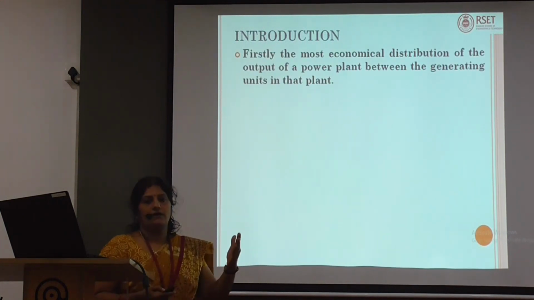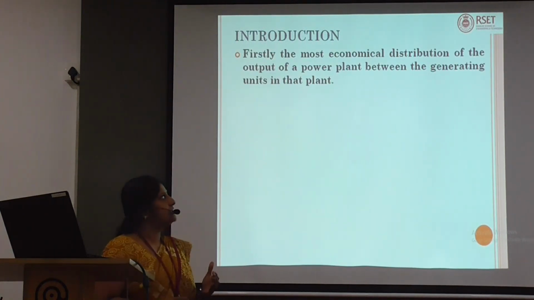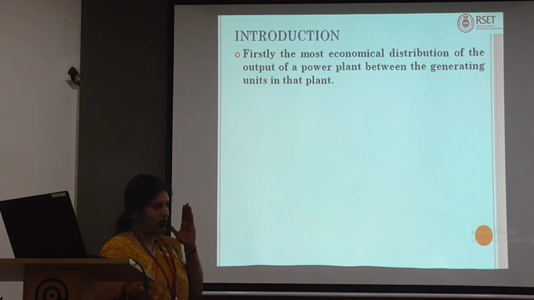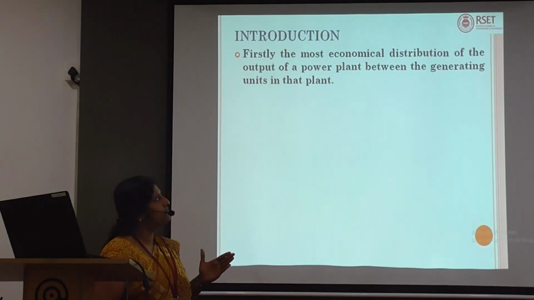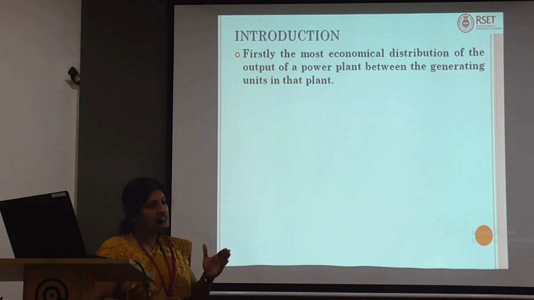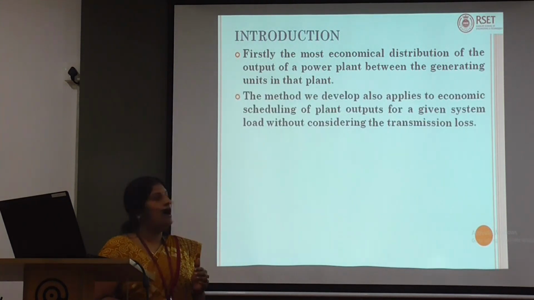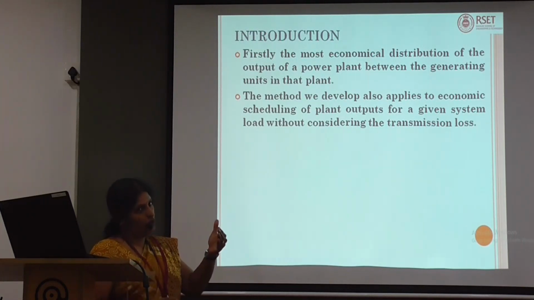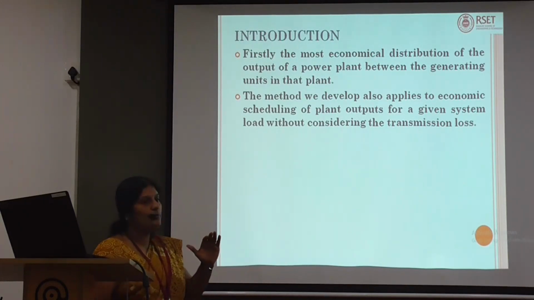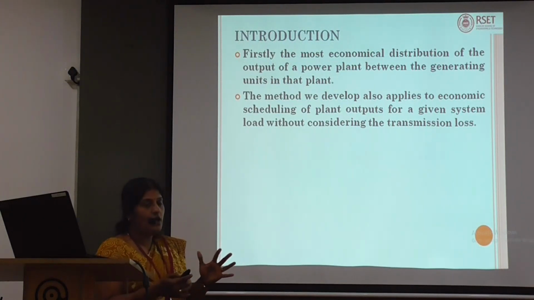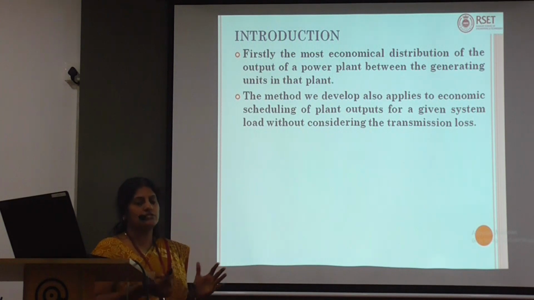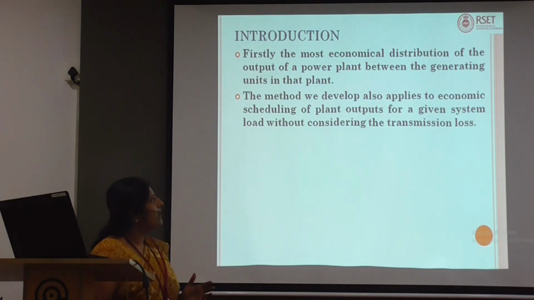So how will we take up the strategy? Firstly, we will see the economic distribution of the load, that is the power output of the plant units within a plant. Then we'll see that this strategy is also applicable to any plant system where transmission losses are neglected.